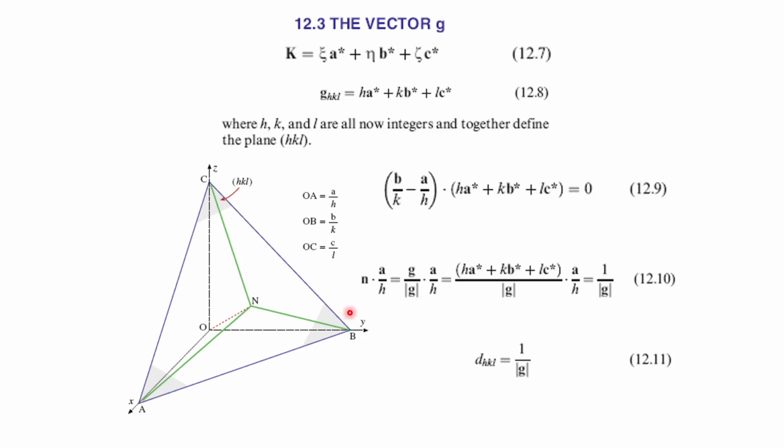Your vector ON is perpendicular to the ABC plane, which gives you the d spacing d HKL. If you apply the condition where b by k minus a by h dot product with h a star plus k b star plus l c star is 0, then after solving this equation you will get that d HKL is the reciprocal of the magnitude of the g vector, 1 by g.